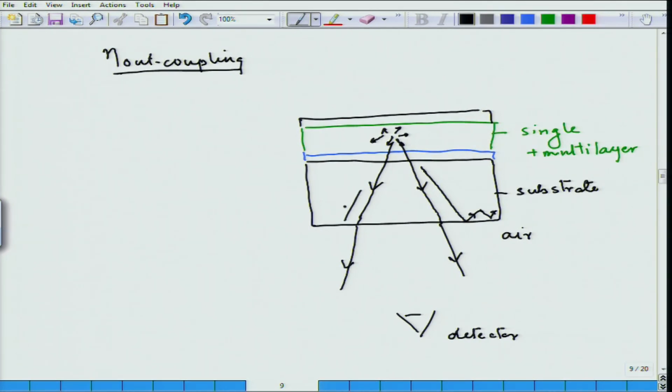Similarly, on this side, and hence there will be a substrate loss due to the complete internal reflection. This is known as the waveguide mode.